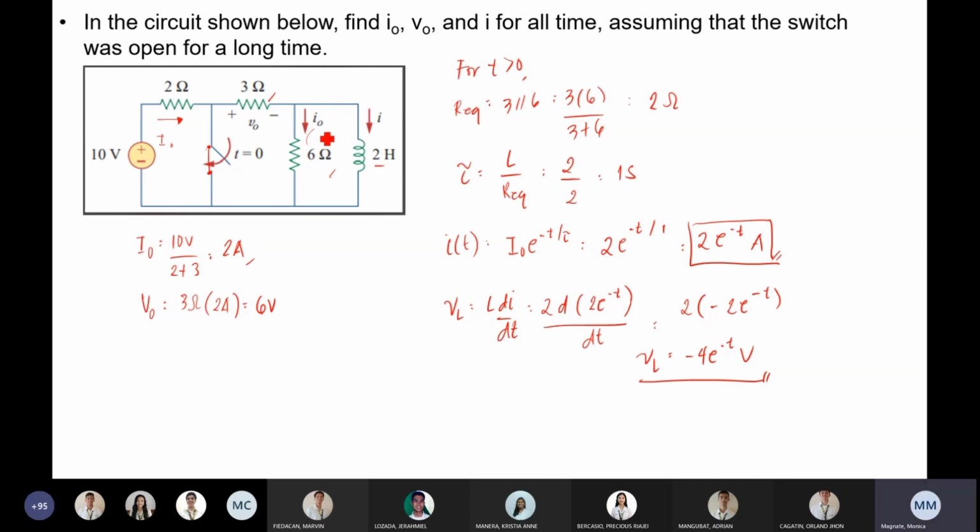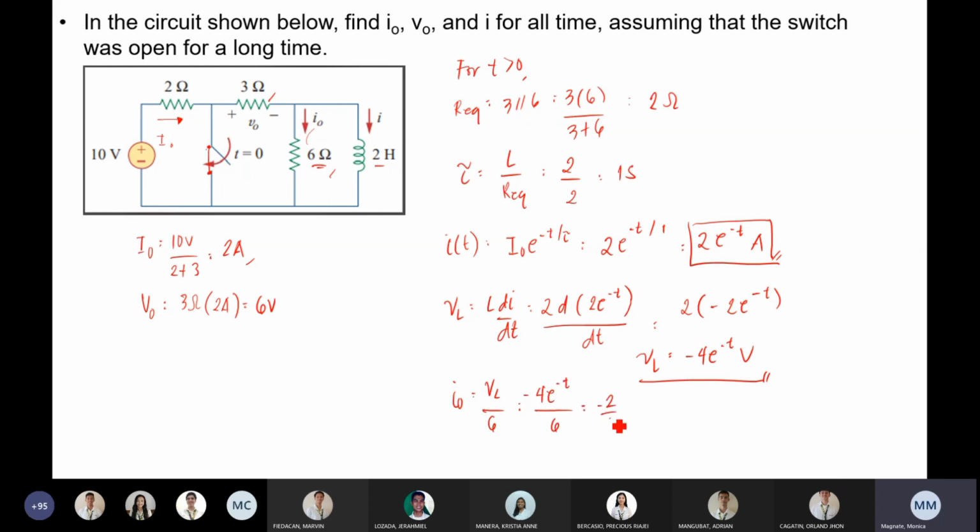Then, our I sub O, when we compute it, is the current flowing through the 6 ohm. Since our 6 ohm is in parallel with the inductor, they have the same voltage. So the voltage drop across the 6 ohm is similar to the voltage of the inductor, so we can just do V sub L over 6 ohm. So it is negative 4 e raised to negative t over 6.